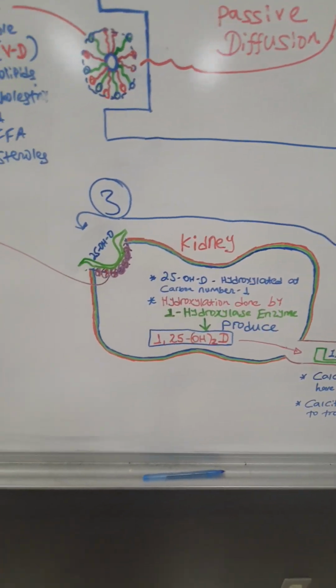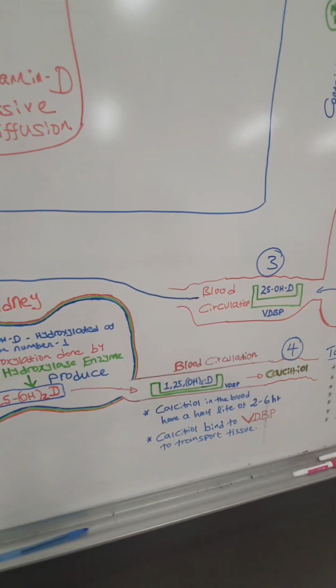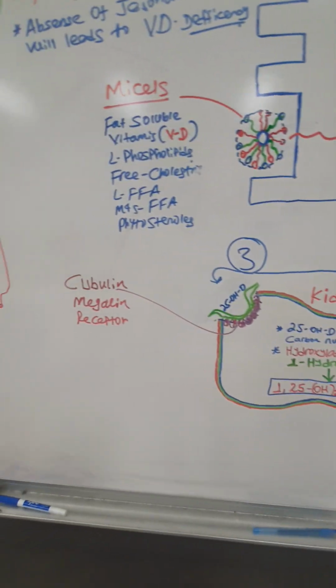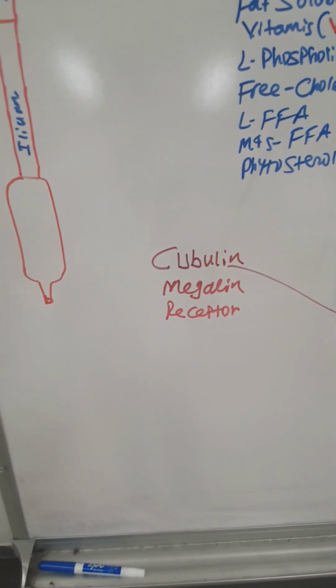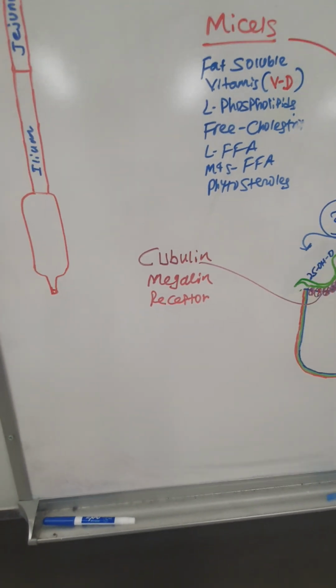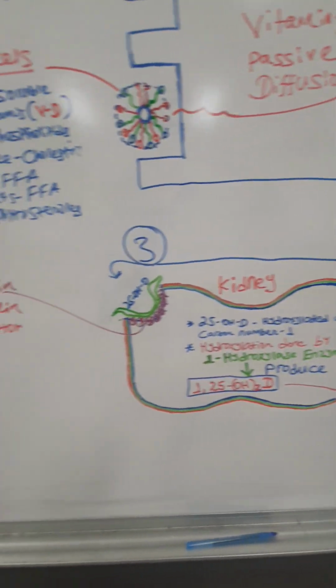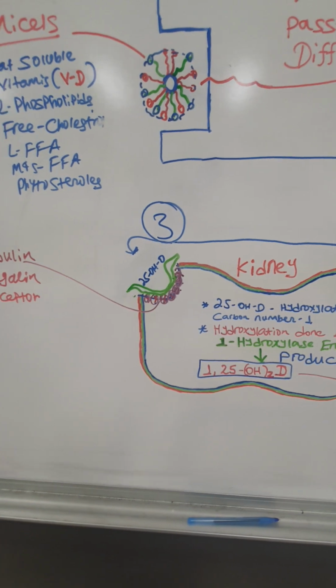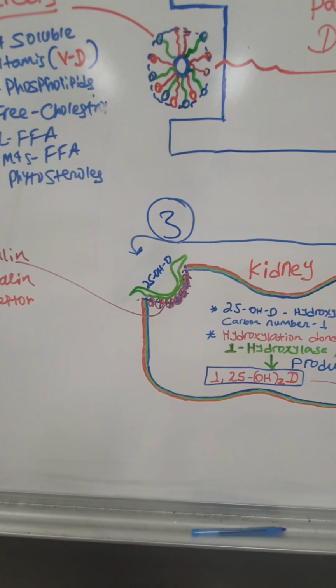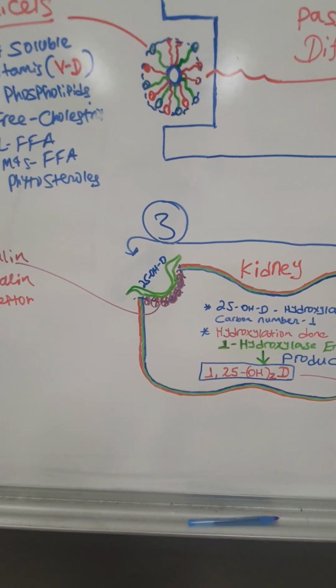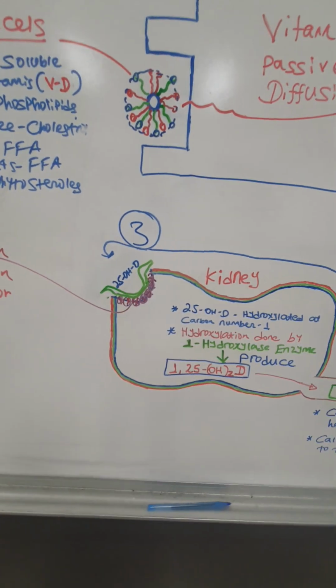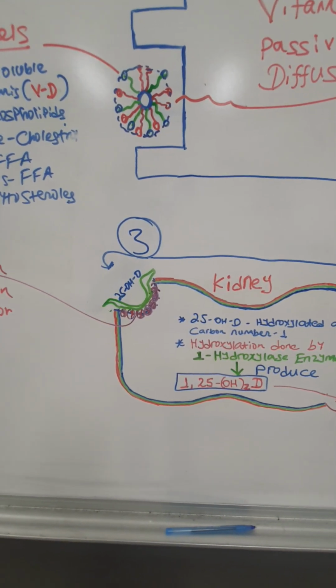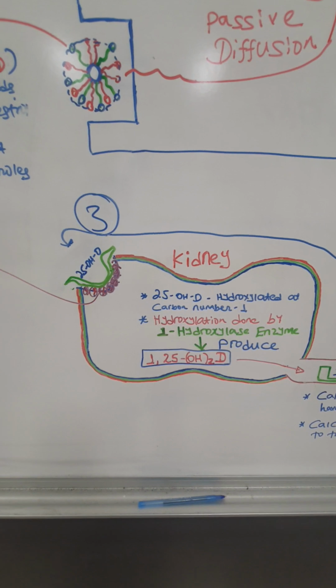In the kidney, there is a special attachment for vitamin D binding proteins, which is called the tubulin megalin receptor. And once these tubulin megalin receptors receive this 25-OHD, the vitamin D in the form of 25-OHD will get into the mitochondria of the kidney.